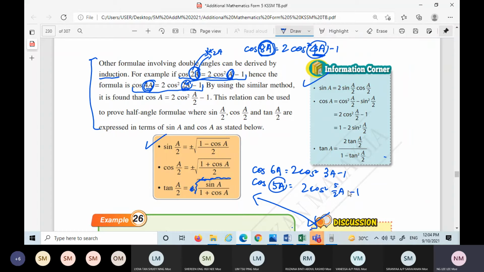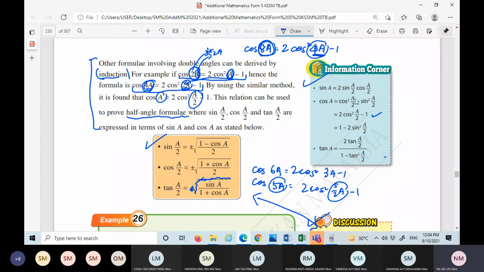This is how you get this one. Then 1, 2, 3, 4, 5. These 5 are from the double angle formula. By using the induction method, you get these 5. This we call the half angle formula.